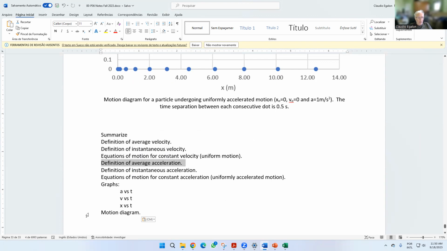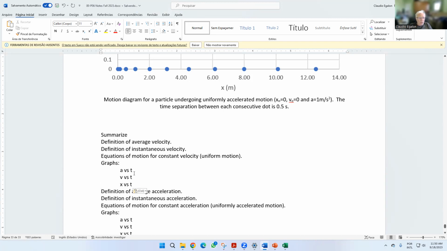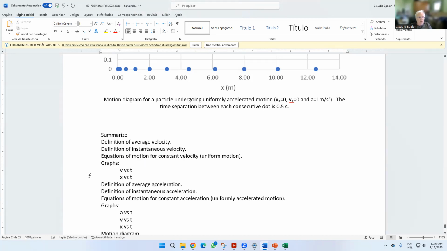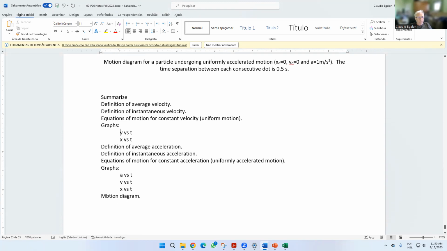I showed you the definition of average acceleration and the definition of instantaneous acceleration. And by the way, we also have graphs here for constant velocity, uniform motion: v versus t and x versus t, two graphs. Here we have three graphs. Velocity is constant, acceleration is constant, and we did motion diagrams.